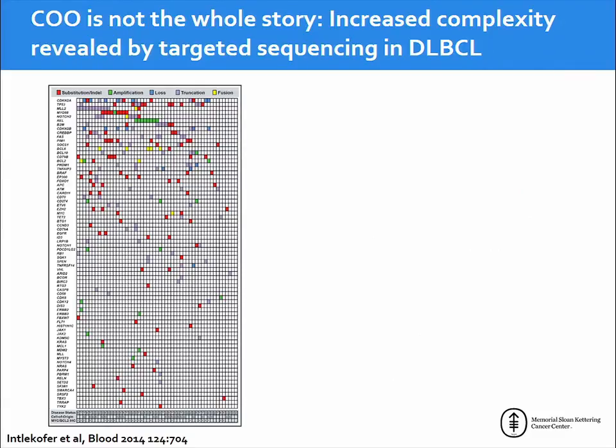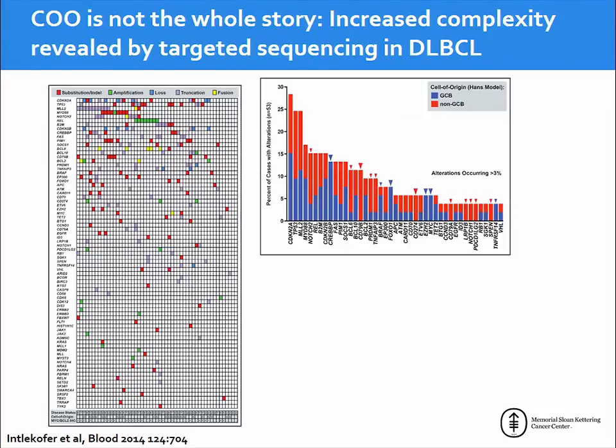But unfortunately, cell of origin isn't the whole story. Genes get mutated in large cell lymphoma, just like every other cancer. Here is some data from Memorial looking at a whole variety of mutations that can occur. You get a typical distribution map of mutations, and you can see they're color-coded here.